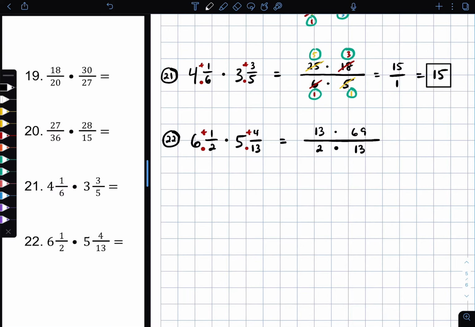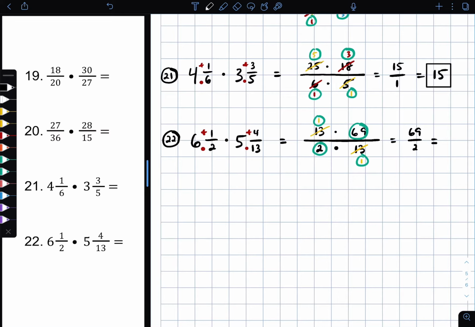Okay, I see a little bit of cross-canceling we can do. This 13 and 13 can cross-cancel to make 1 and 1, and I think that's it, not too much more. So 1 times this 69 here, and then 2 times this 1. Those are what we're left with, so we'll have 69 over 2.